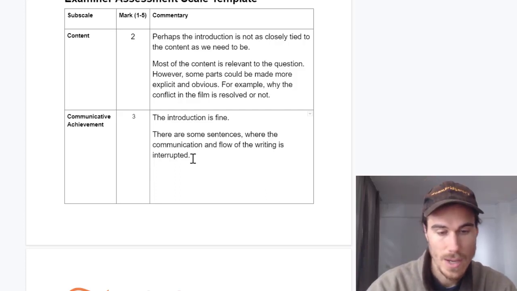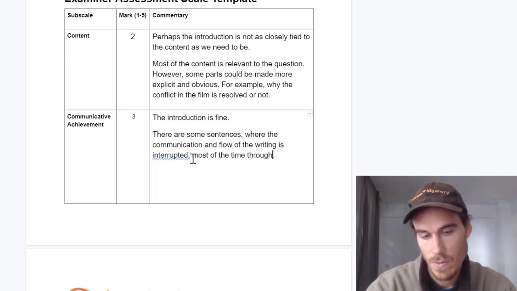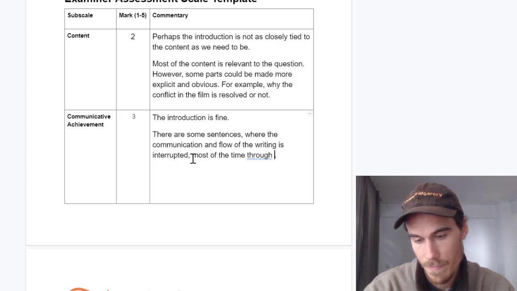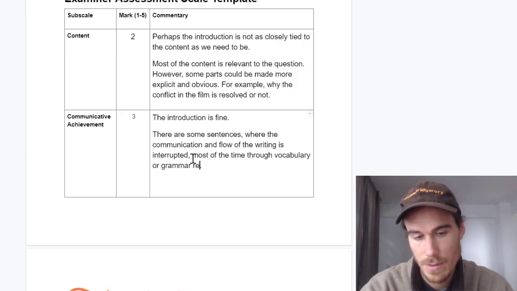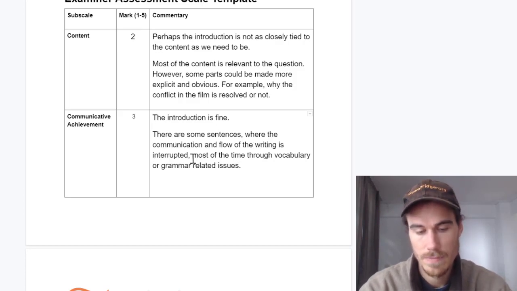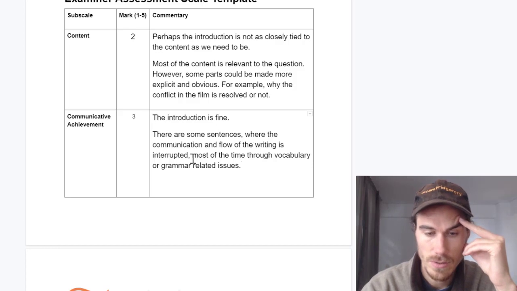Either through language, most of the time through vocabulary or grammar related issues, it just interrupts the flow a bit.